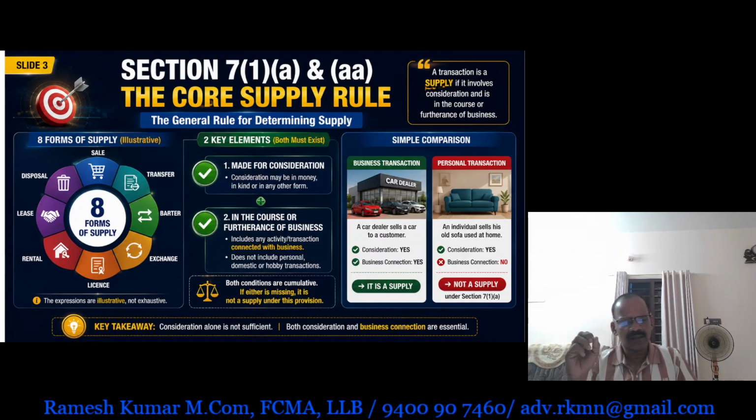And secondly, is the activity connected with your business? So, to understand this, let us take a simple example. Suppose a furniture dealer sells office furniture to a customer. There is consideration and the transaction is clearly connected with the business. Therefore, it is a supply within the scope of Section 7.